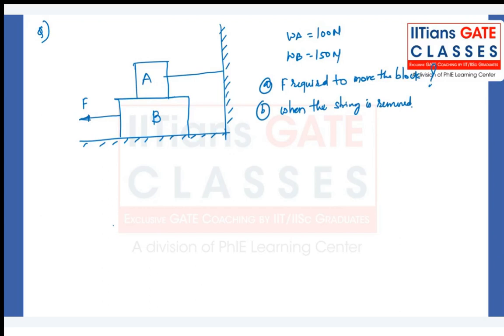In both situations, you have to find when the string is there and when the string is removed. So situation A is when the string is there, and situation B is when the string is removed. The coefficient of friction between the floor and the block is 0.25, and between the two blocks is 0.2.